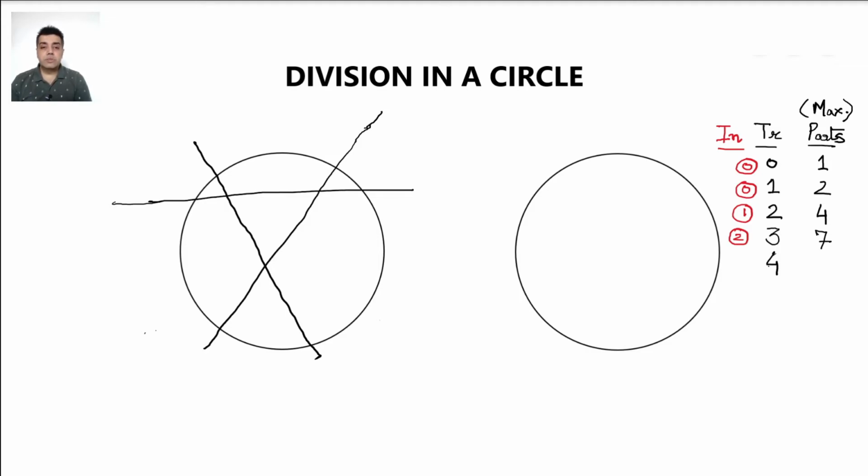Okay, so let me take a transversal here. It intersects with this, it intersects with this, it intersects with this, and it goes forward. Please understand that these are four different transversals that I have drawn. Since this is a freehand drawing, please bear with me. But the point that I am trying to make here is all that you need to understand.